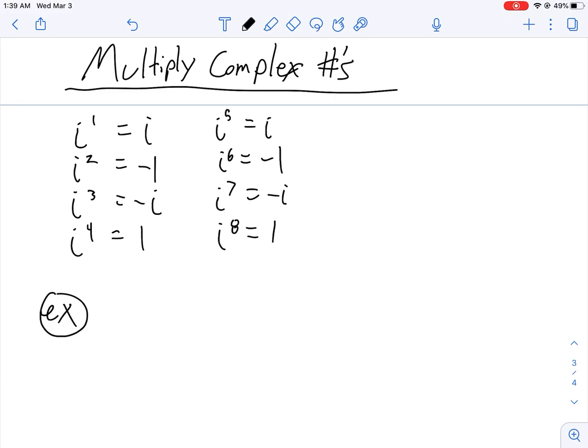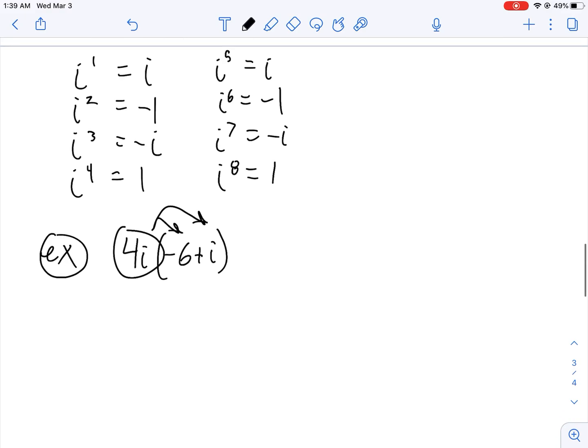Let's start with something simple. 4i times negative 6 plus i. So what we have to do here is distribute the 4i. 4i times negative 6. Well, negative 6 times 4 is negative 24, and we have an i.